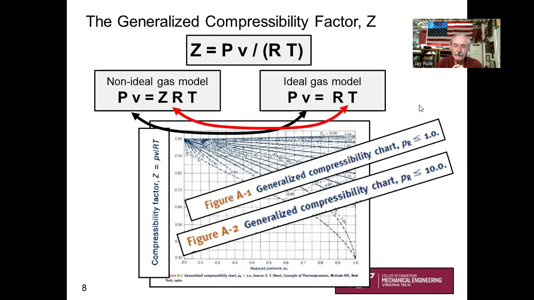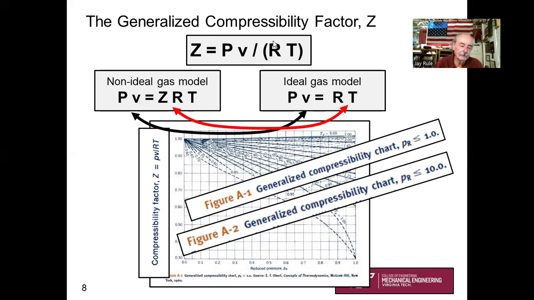It turns out that it's very effective for checking these situations against the critical temperature and critical pressure. And so here's the definition of Z. Z is defined as P times little v divided by RT. Remember what R is? R is R bar over the molecular weight for each particular substance.